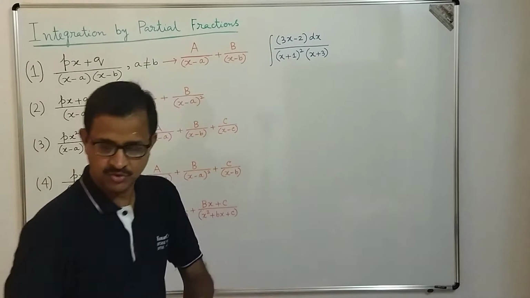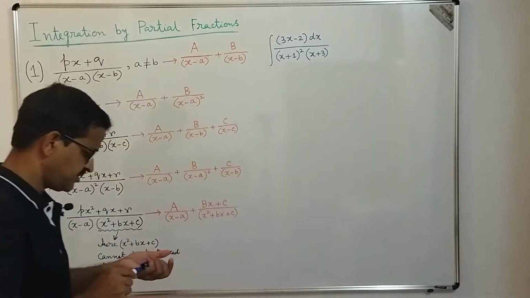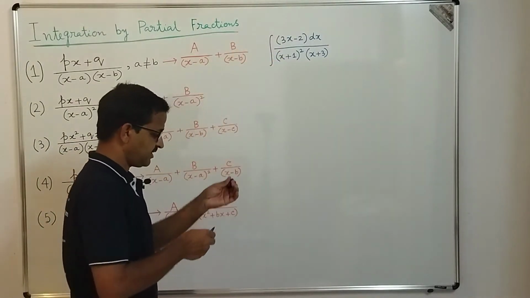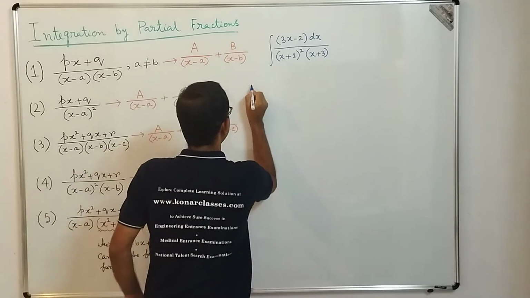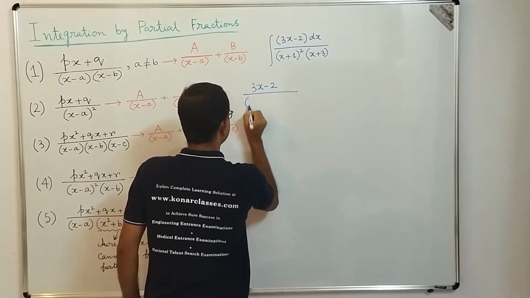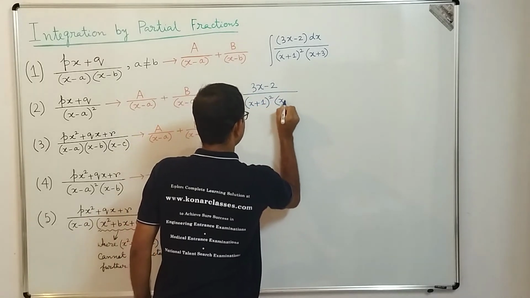So how to perform integration of this type? First, looking into this integrand, what is the integrand here? It is 3x minus 2 divided by x plus 1 whole square into x plus 3.